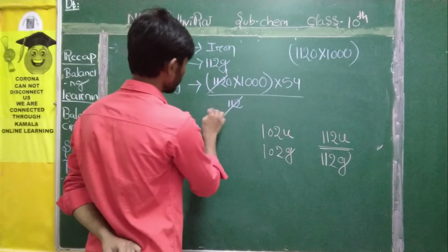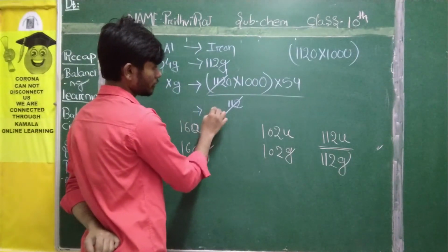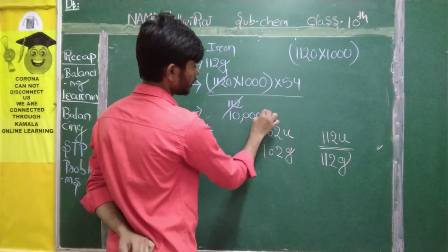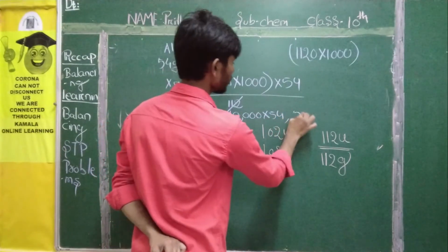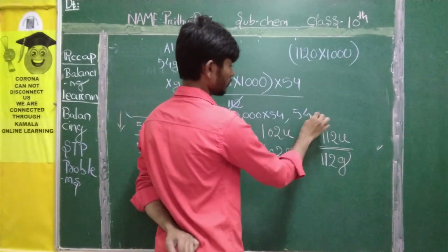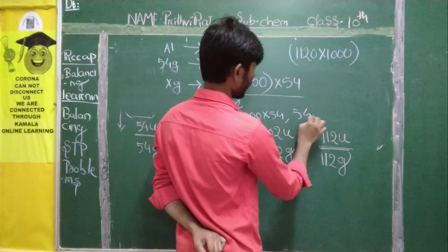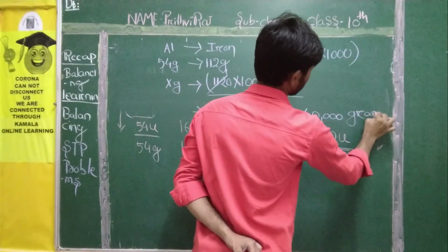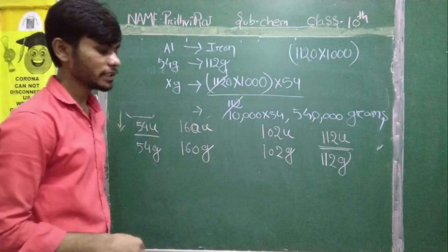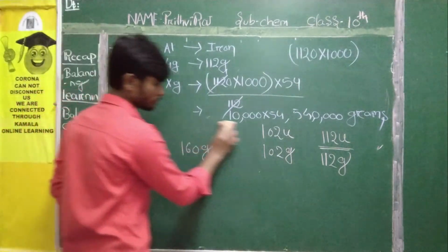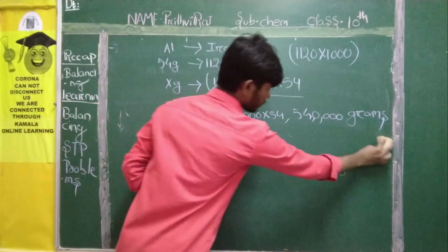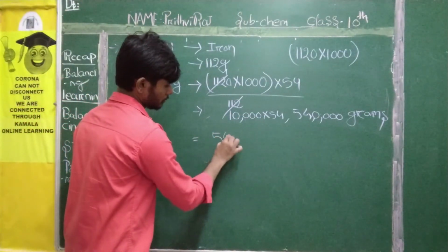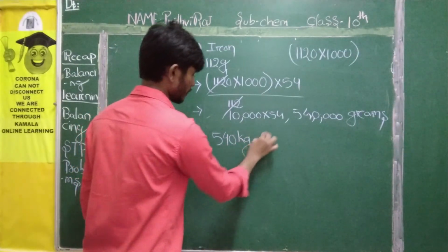So how much did you get? You got 10, multiplied by 1000, that is 10,000, into 54, that is 5,40,000 grams, or 540 kg.